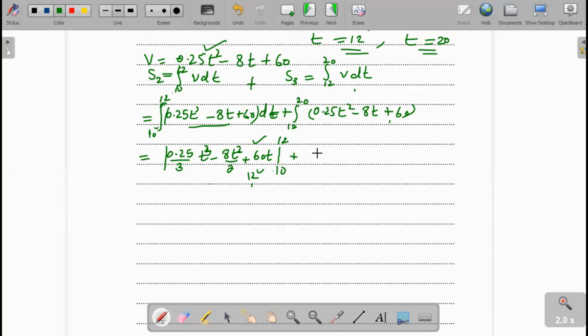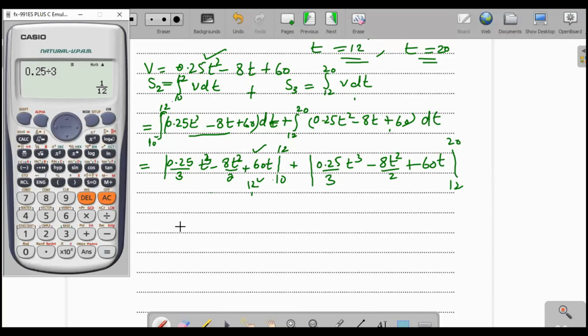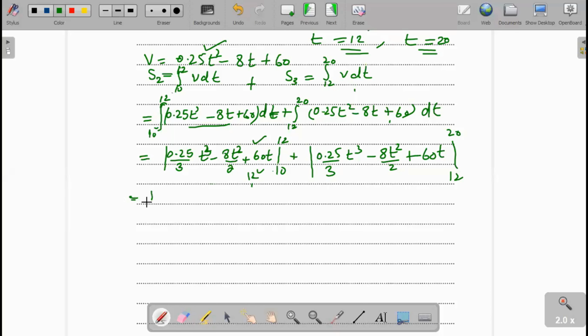Now we integrate this expression from 12 to 20 as well. 0.25 divided by 3 gives 1/12. So we write it as (1/12)t³ - 4t² + 60t, over the interval 10 to 12, and the same expression over 12 to 20.